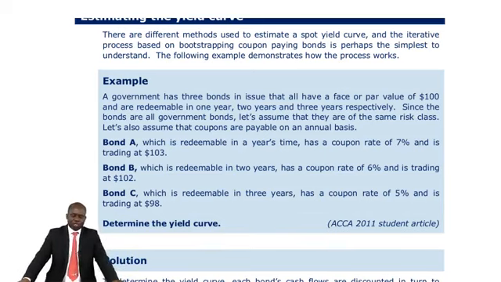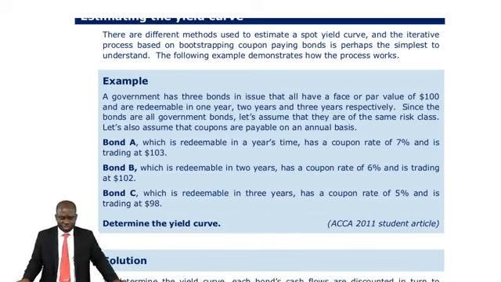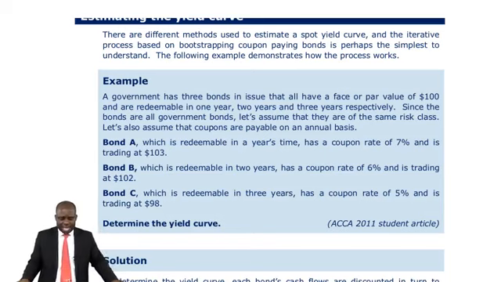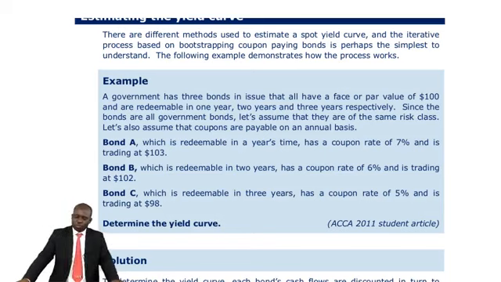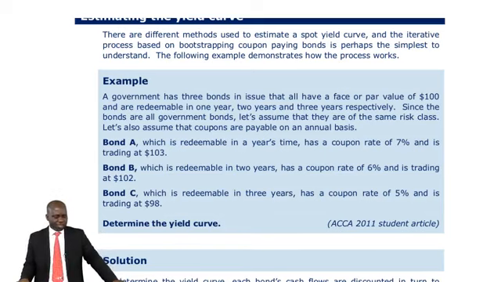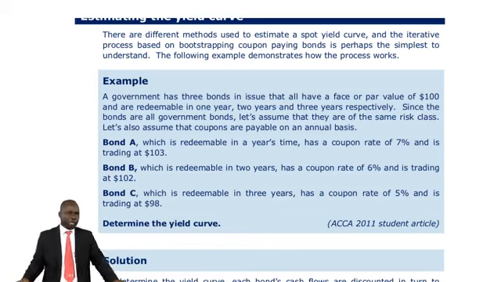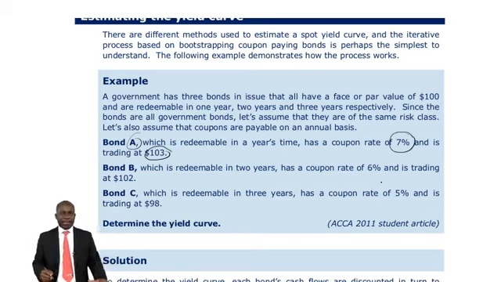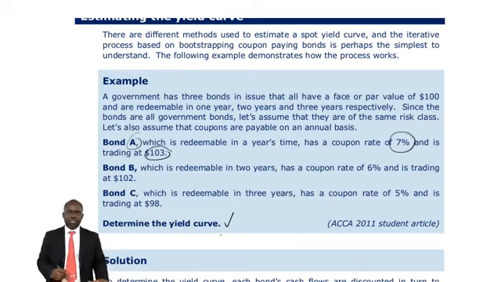Let's also assume that coupons, which is the same as interest, are payable on an annual basis. Bond A, which is redeemable in 1 year's time, has a coupon rate of 7% and is trading at 103. So they've given us the market value of bond A, and the interest of bond A. They want us to determine the yield curve.